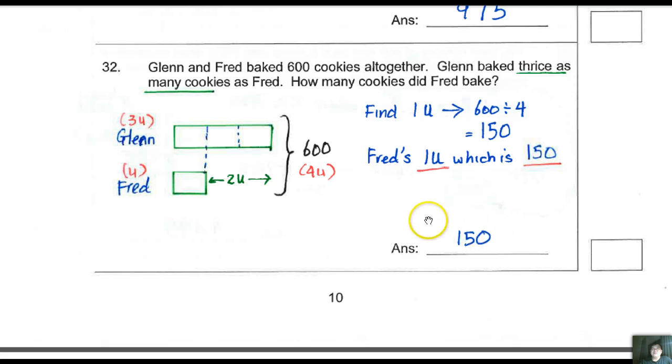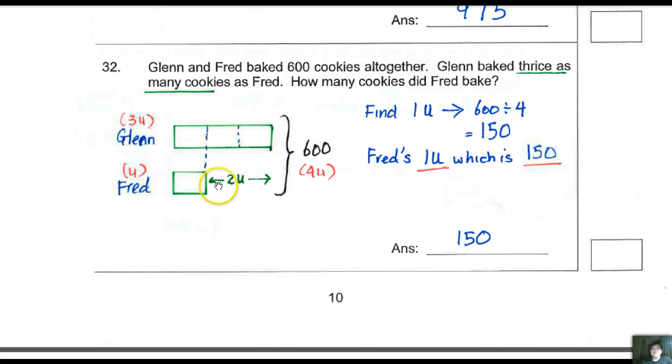If they ask you how many cookies did Glenn bake, Glenn is 3 U's, so 3 times 150 should be 450. And if the question is how much more does Glenn have compared to Fred? This is the difference.